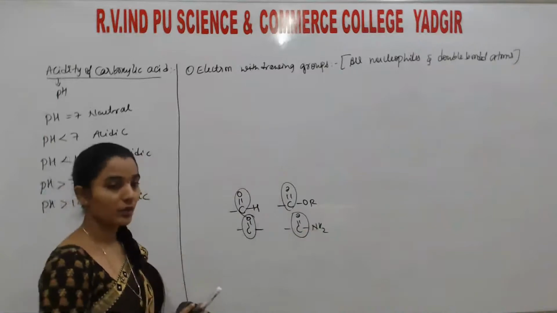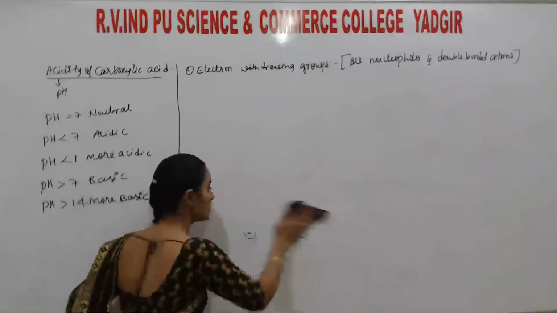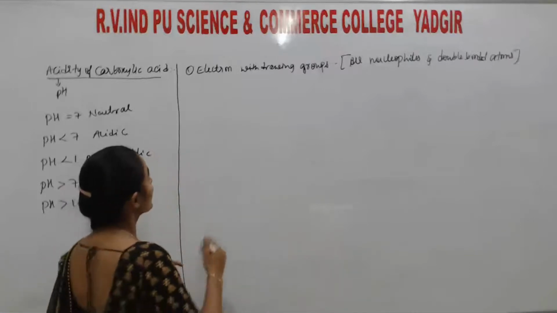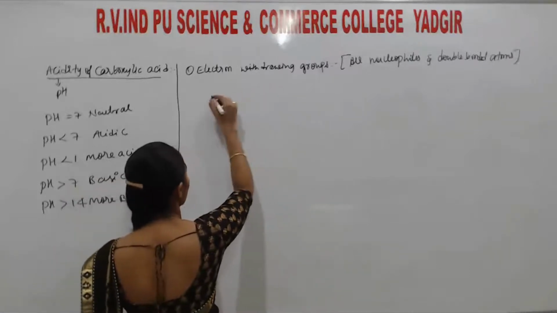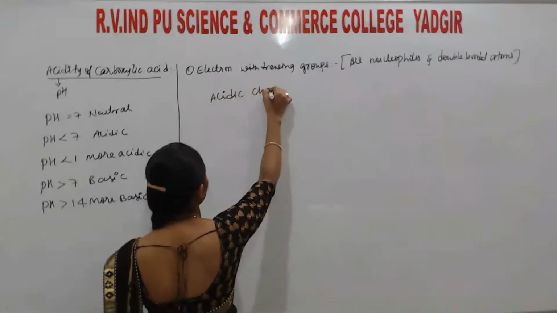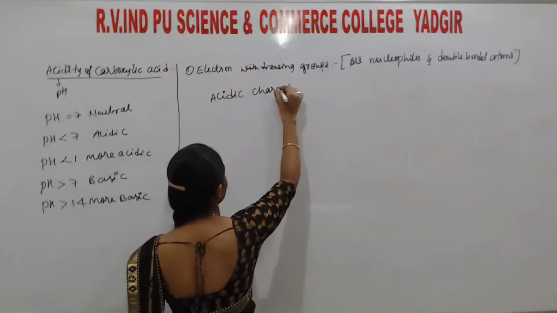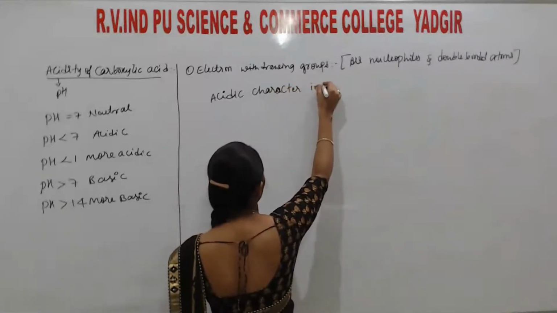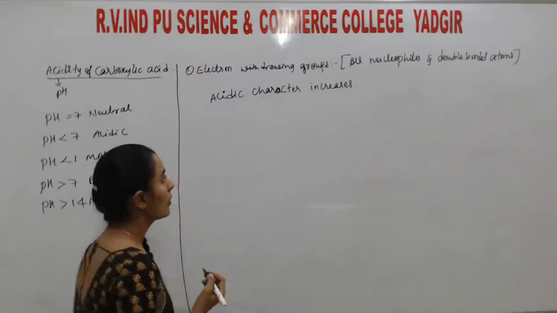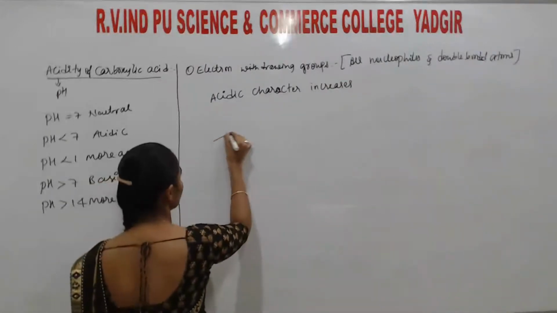Withdraw means remove. So if electron withdrawing groups are there, then acidic character increases. Why?